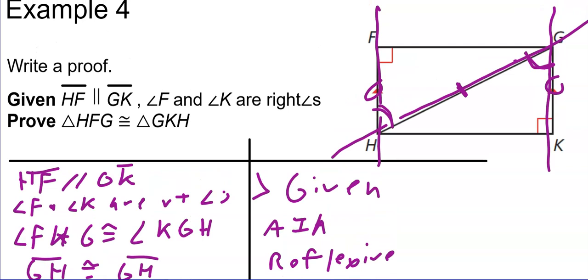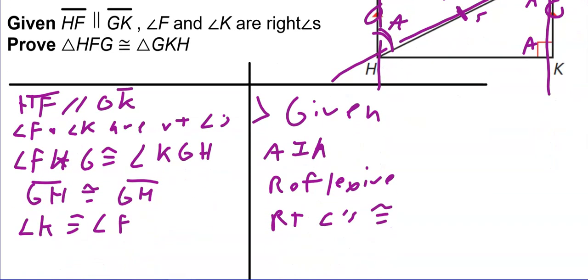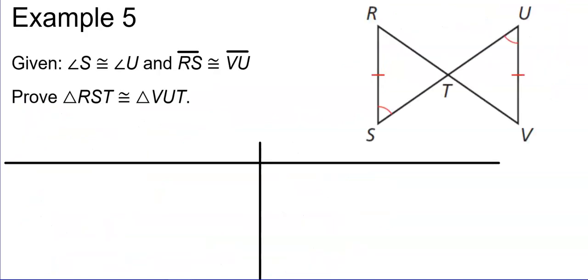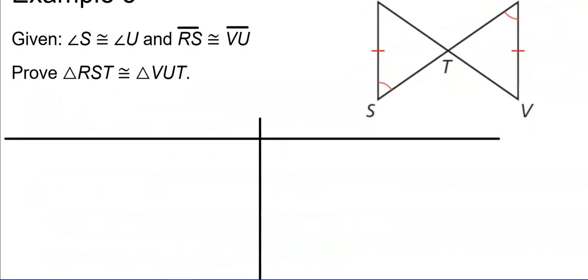So what do we have here? We have an angle, and then an angle, and then a side. So now we can say that triangle HFG is congruent to triangle GKH by angle, angle, side. You're just getting the pieces. All right? So, next one.